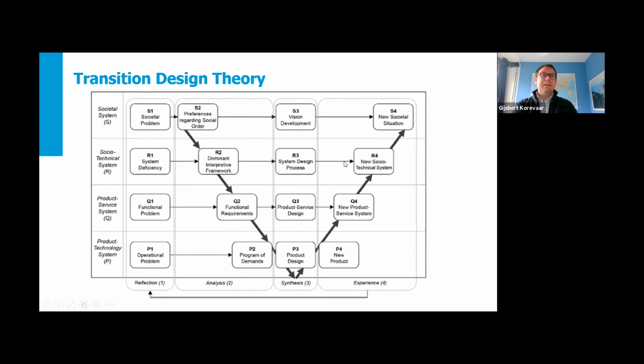What it does is that you first describe your design problem as a societal problem. Then you look into what the system needs, and you go all the way down to the product design. After you have come up with your new creative product design, you take the levels into account again, so that in the end you can check if the new design you came up with is actually embedded in all the different layers and levels.